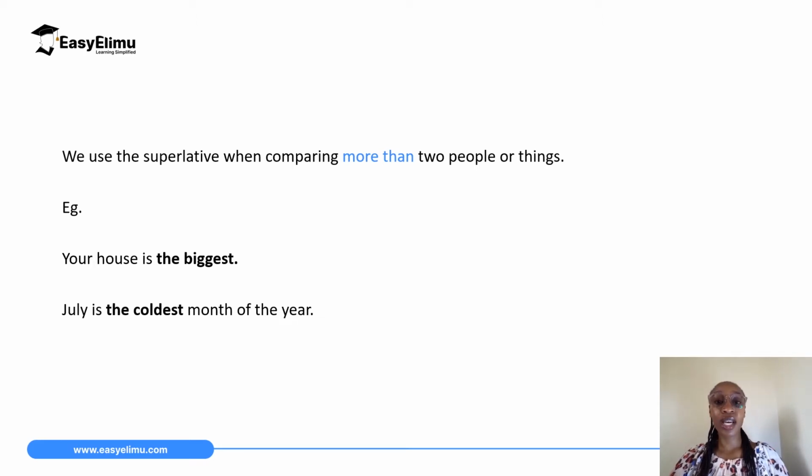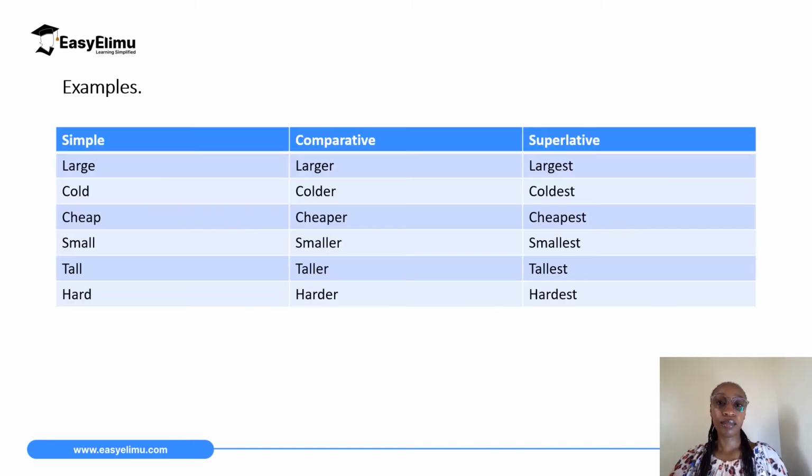Or July is the coldest month of the year. You're comparing it to the other 11 months of the year. So we use comparative when comparing two people or two things or two situations, but we use the superlative when comparing more than two.